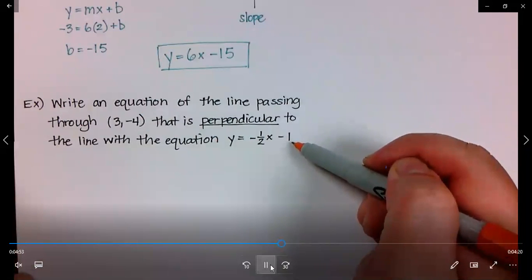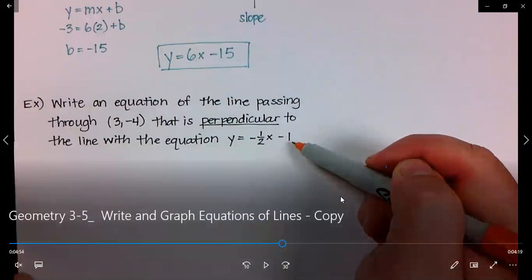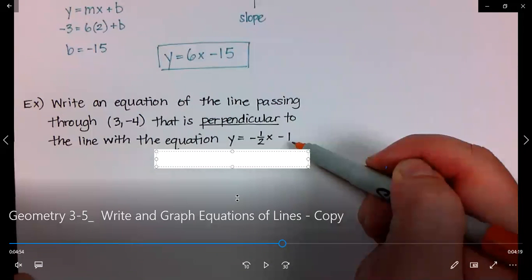Here in this question, we have another type of equations. Are they the same? No, they are not the same. Write an equation of the line passing through 3 and negative 4 that is perpendicular. Then we have to start to calculate the new equation now.